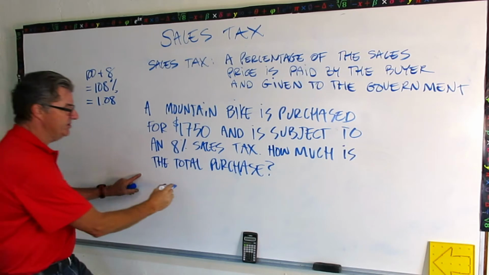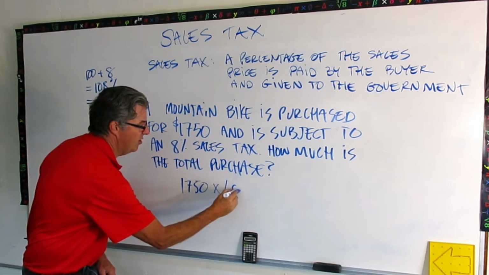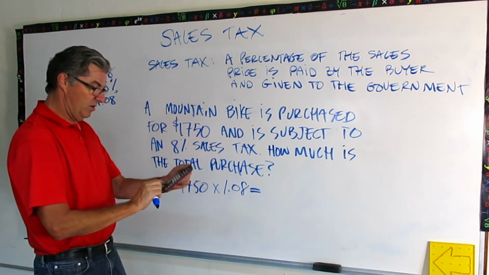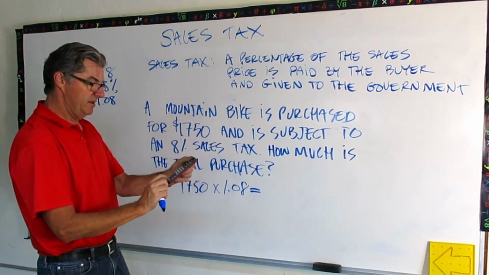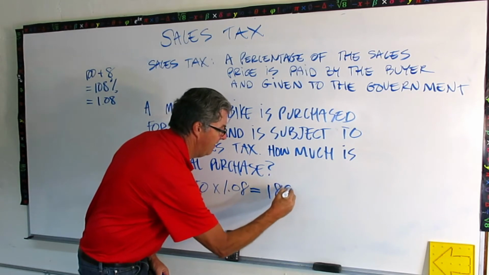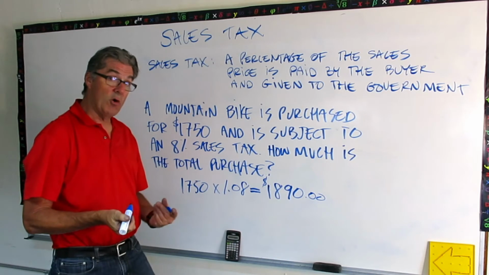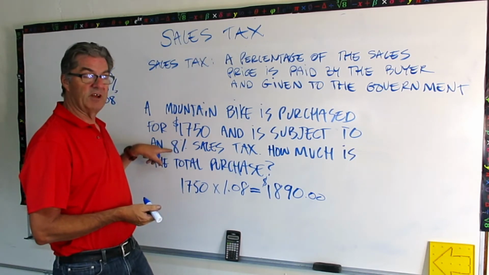So we take our purchase price, $1,750 times 1.08, and we get $1,890. That's the total price, which includes the purchase price plus 8% more for the government.